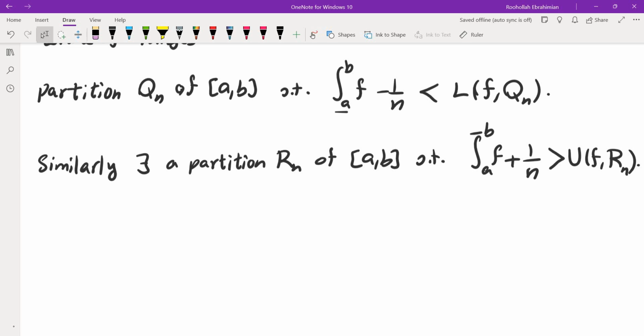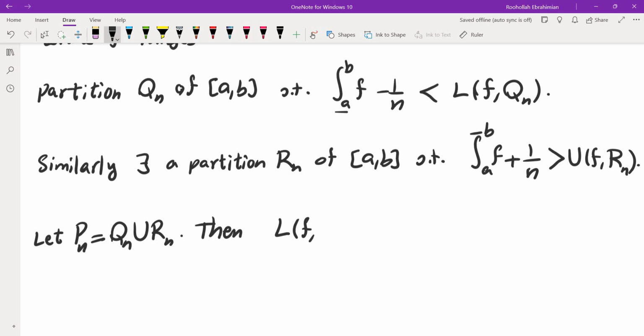Now, I'm going to combine the two sequences of partitions and refine them. So let Pn be a refinement of both Qn and Rn, for example, the union. Then if I look at the lower sum of Pn, when I refine the partition, the lower sum becomes larger.